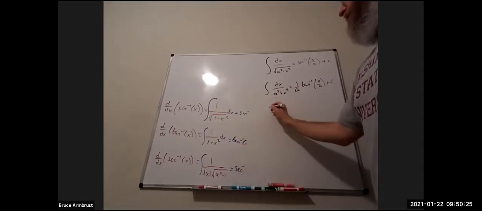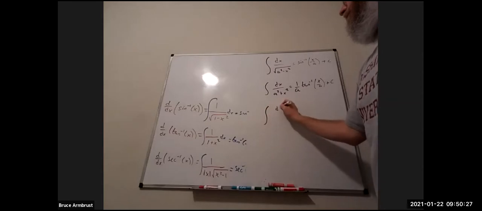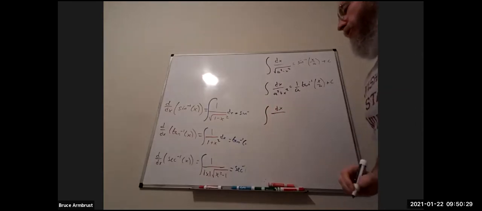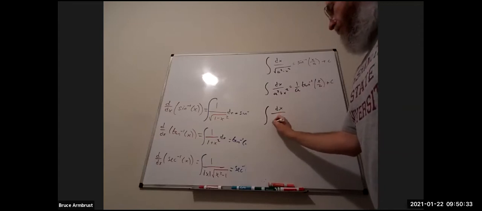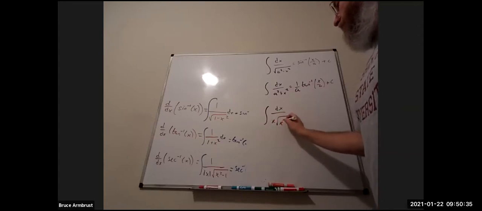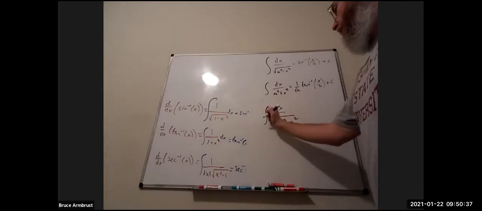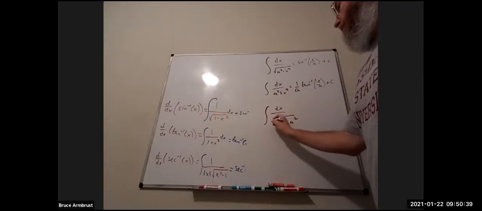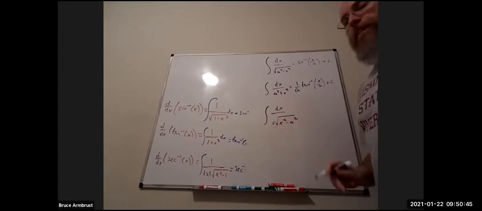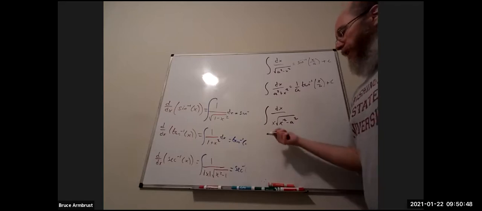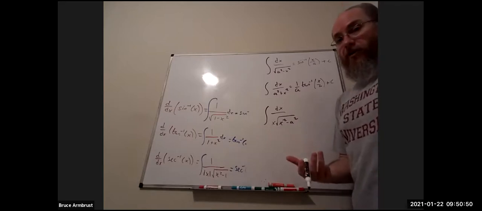So for the inverse secant one, we're going to do the same thing where we make it the square root of x squared minus a squared. And you'll notice that I did drop off the absolute value here, because when we anti-differentiate, we're not usually anti-differentiating absolute value functions.